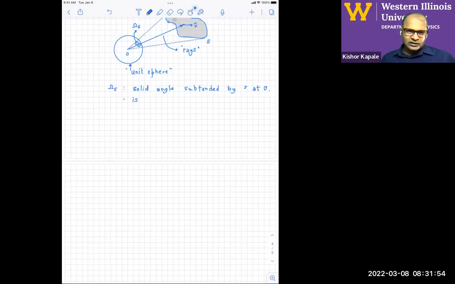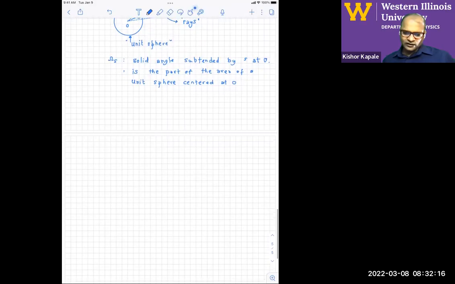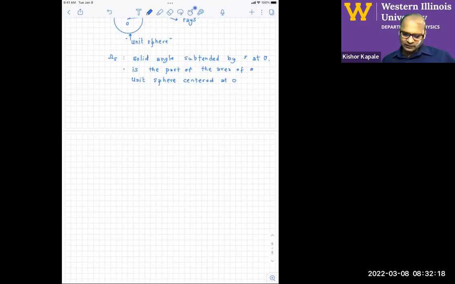It is the part of the area of a unit sphere centered at O. So whatever I said verbally, I'm just writing it out here.